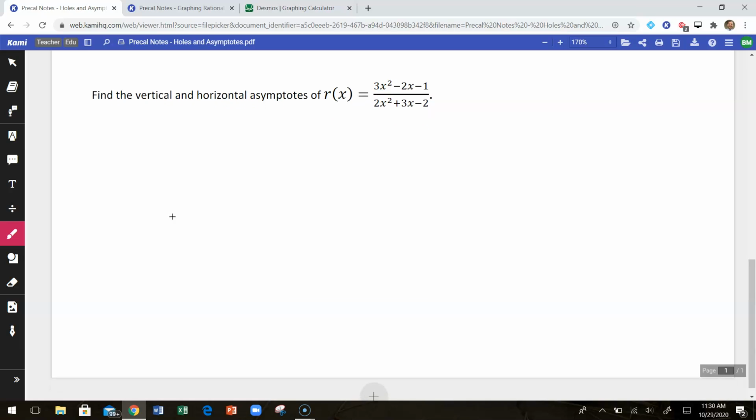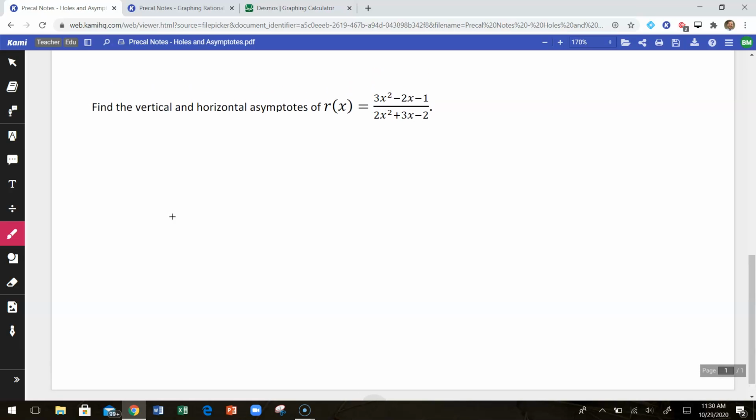So our only example here is to find the vertical and horizontal asymptotes, and I again will address the holes and how you find the holes of a graph as we do this problem. To find vertical asymptotes, I'm always going to factor both the top and the bottom of this function r of x.